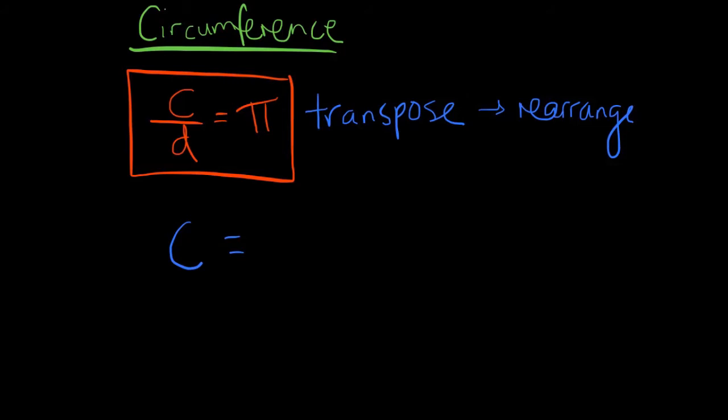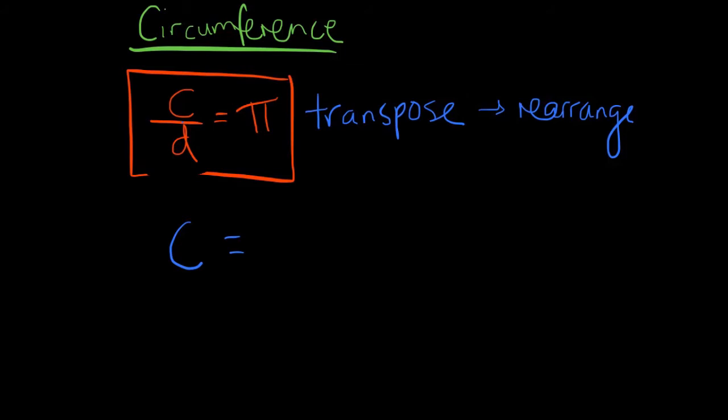So what we do, we need to take this D here and we need to pop it over that side of our formula. So whenever we transpose a formula, we have to backtrack or solve.